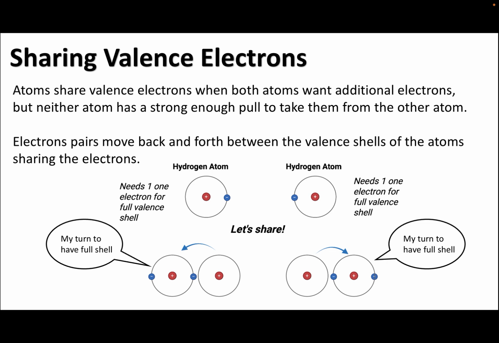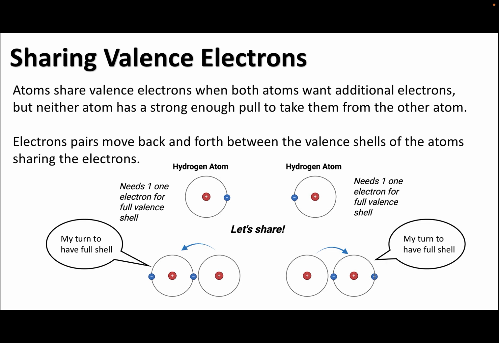Let's talk about what it might mean to share valence electrons first. So there's going to be cases where we have two atoms. Both atoms would like to have additional electrons in order to reach that full valence shell.